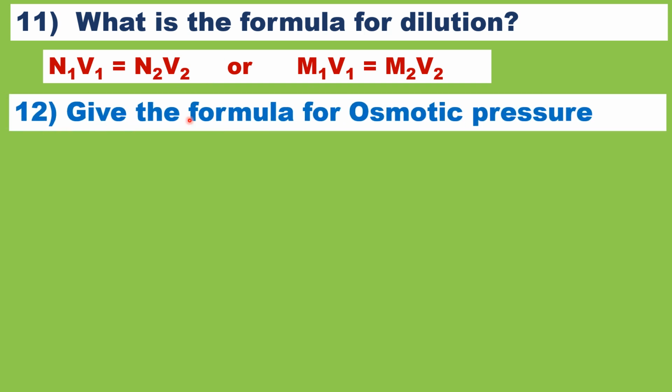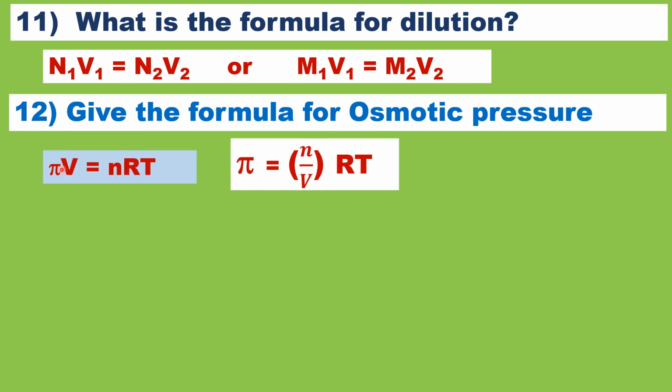Okay, now let us see the 12th question. Give the formula for osmotic pressure. This is very important, so often asked in all exams. PV is equal to nRT for ideal gas. For solution, pi V equals nRT formula is used, where pi is called osmotic pressure.